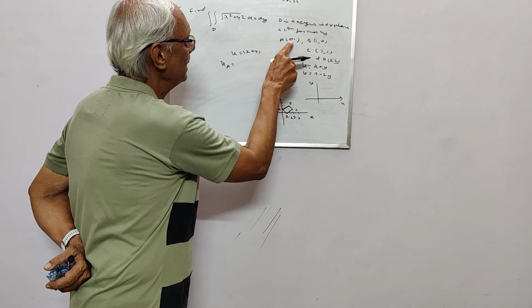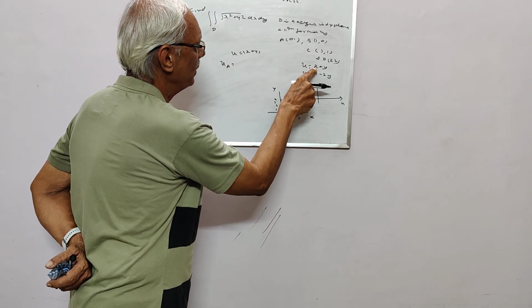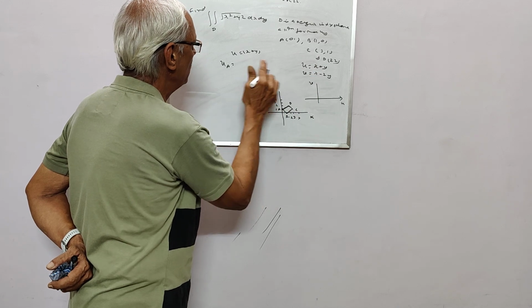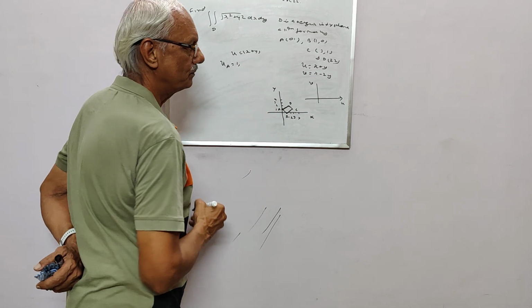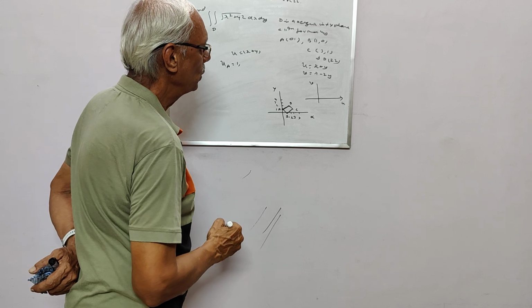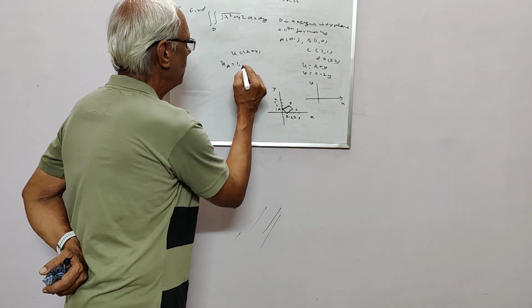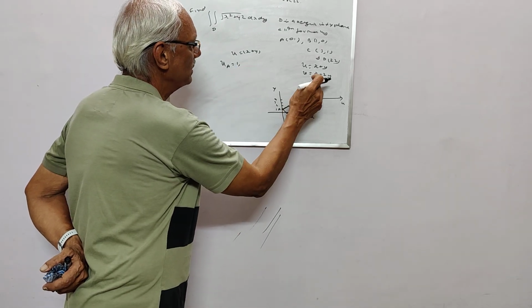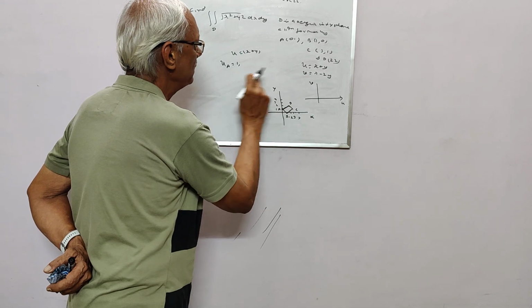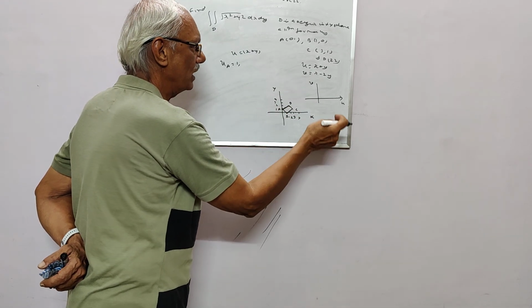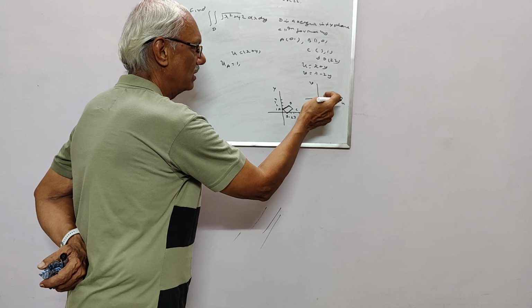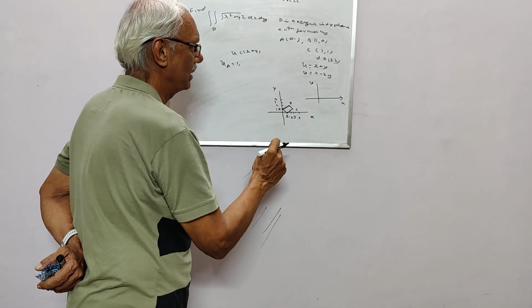What is your A here? A is 0 1. So if you give 0 here and 1 here, you will get 1. So U is 1. Now I want V. U is your X coordinate here, and V is your Y coordinate here.